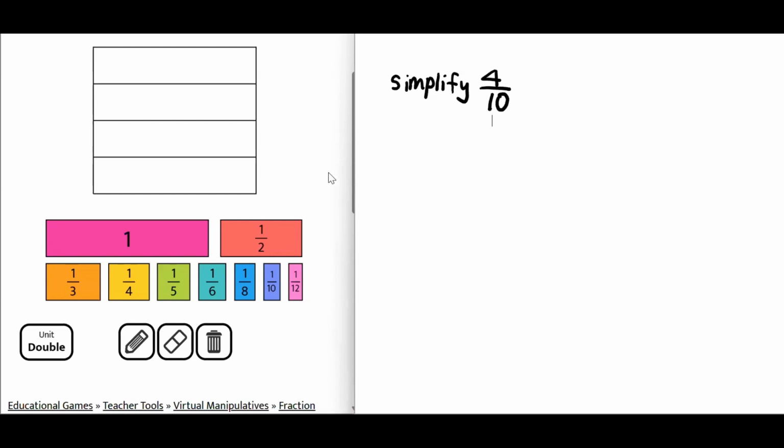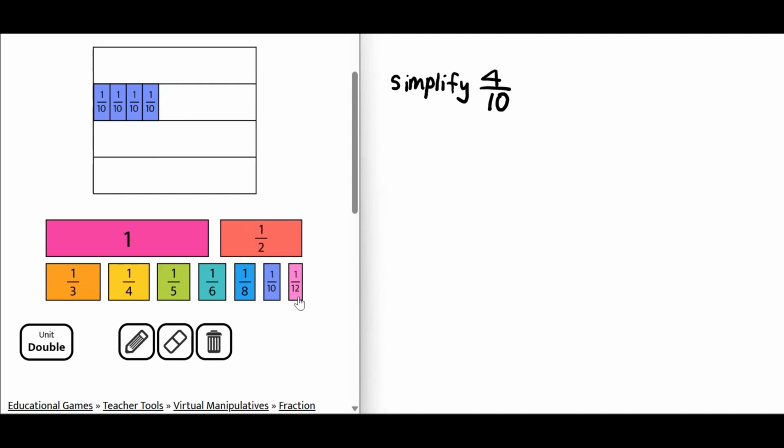Okay, so if I use my manipulative, my fraction bars here, first let me put 4/10. What I want to do is to basically get fewer pieces. So now I have 1, 2, 3, 4 pieces, and I want to get fewer pieces such that it is still the same length.